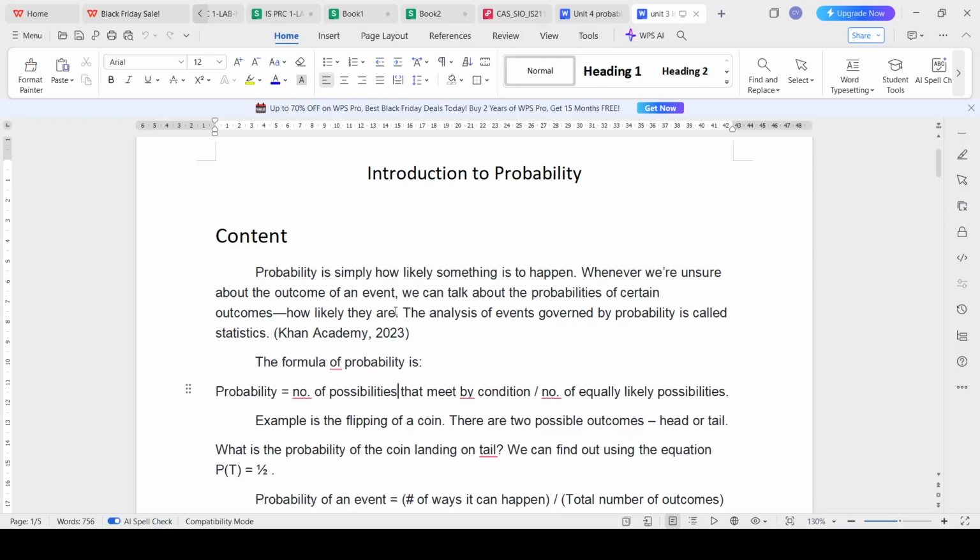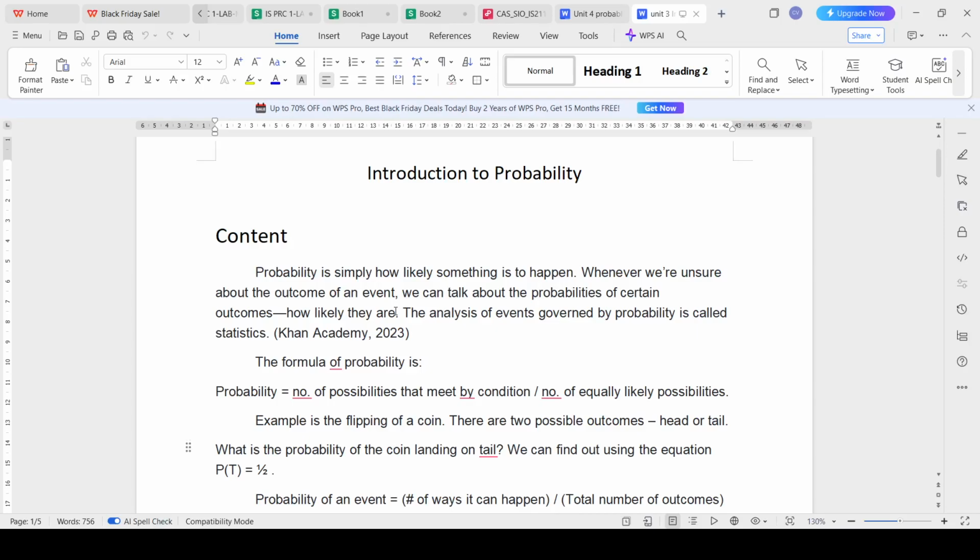The formula of probability is: probability equals the number of possibilities that meet the condition divided by the number of equally likely possibilities. An example is flipping a coin. There are two possible outcomes, head or tail. What is the probability of the coin landing on tail?